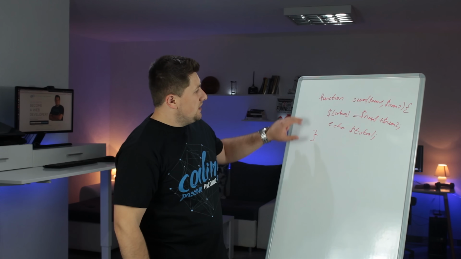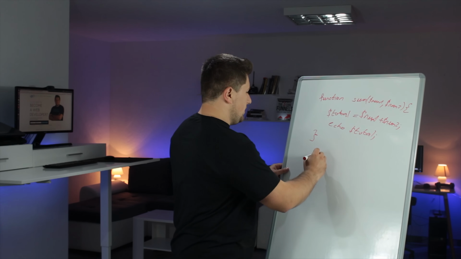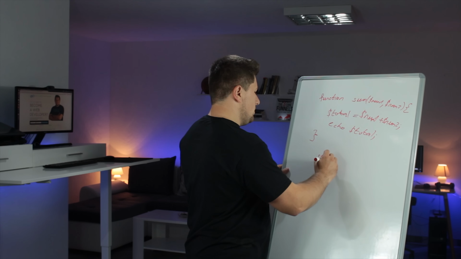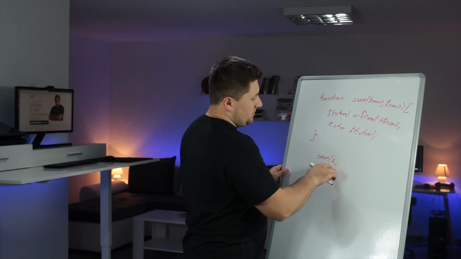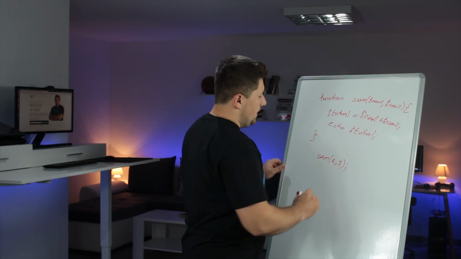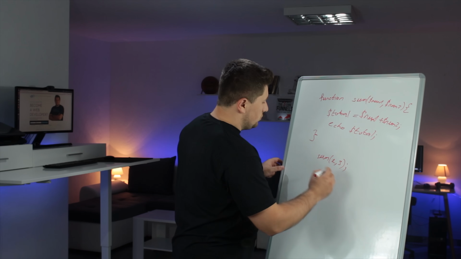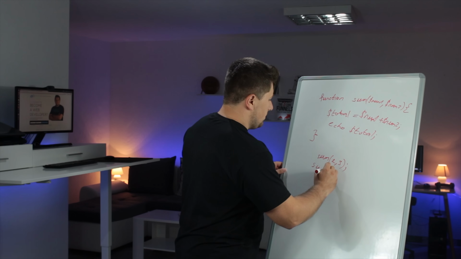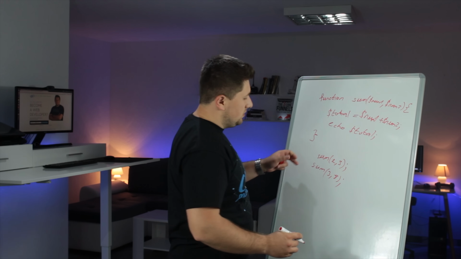So now if we want to sum, for example, 2 and 3, we will say sum, and here we will only pass 2 parameters. Number 1 will be 2, number 2 will be 3. Okay, and the result will be 5. If we want to do it again, we will say sum 3 plus 8 and so on.